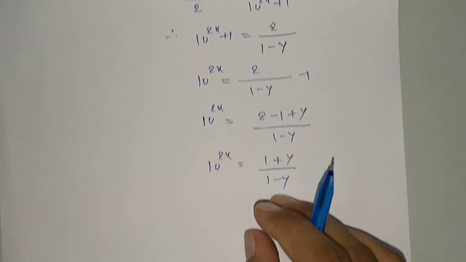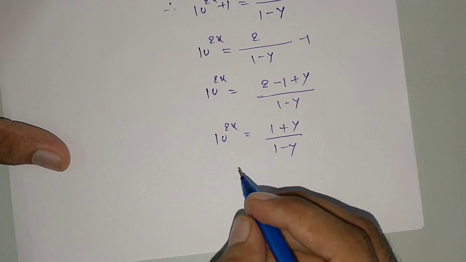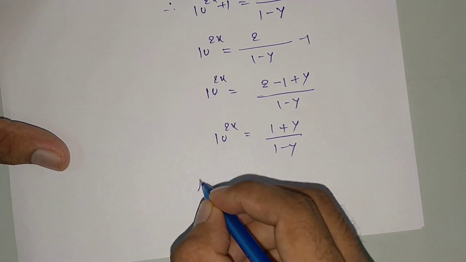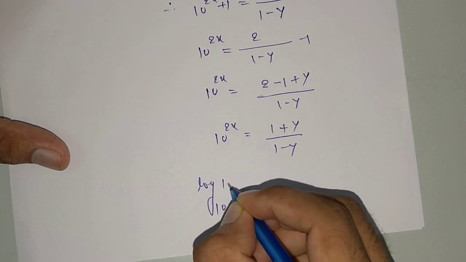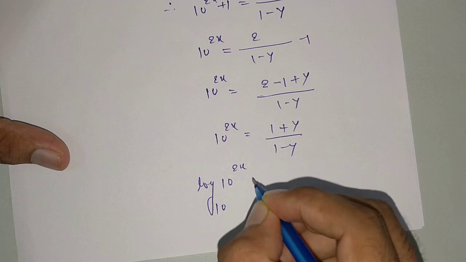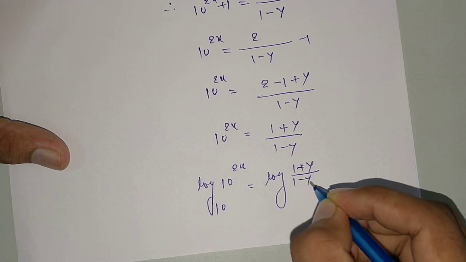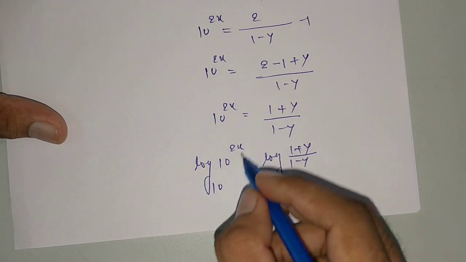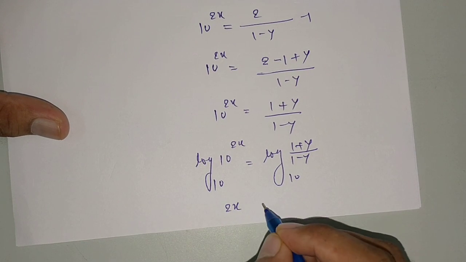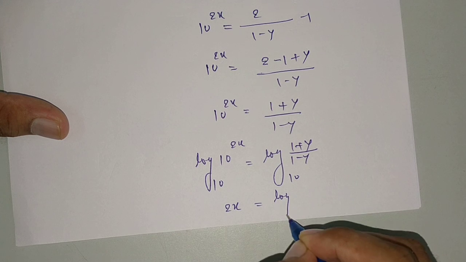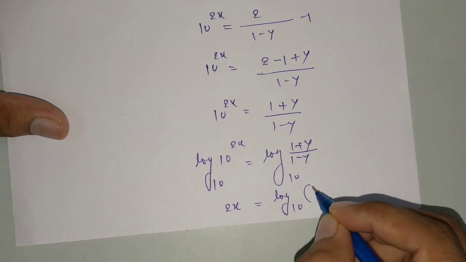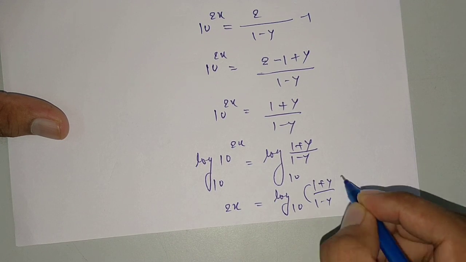So taking log base 10 on both sides, we'll get log of 10 raised to 2x base 10 is equal to log of 1 plus y upon 1 minus y base 10. So this becomes 2x is equal to log base 10 of 1 plus y upon 1 minus y.